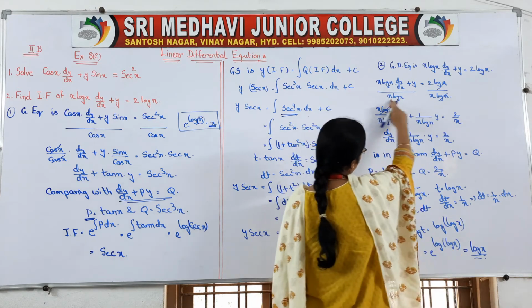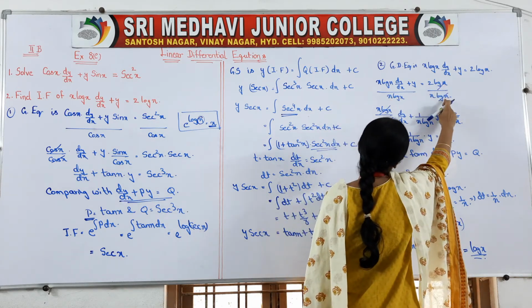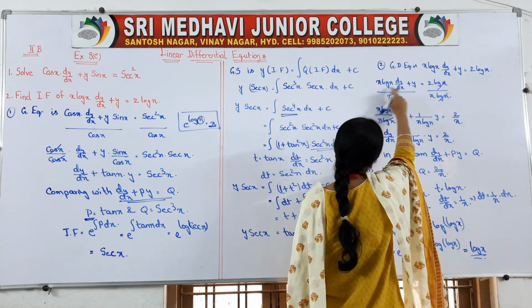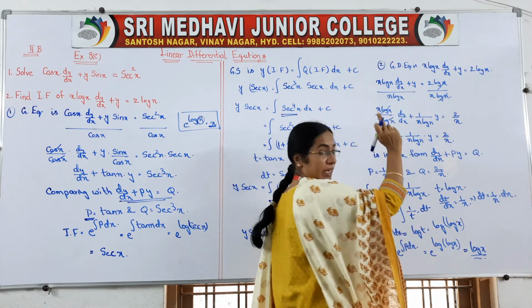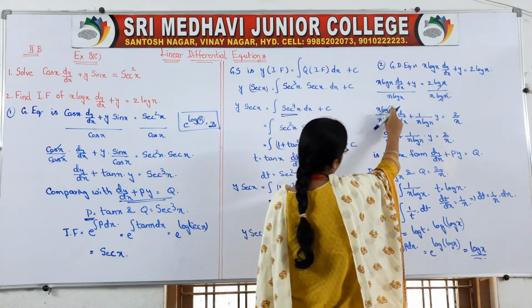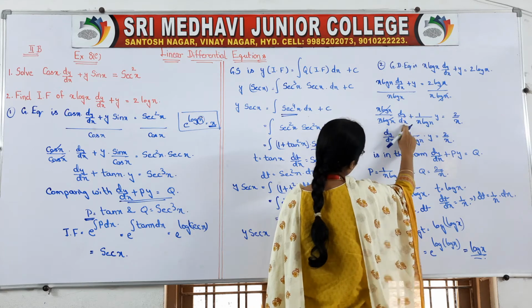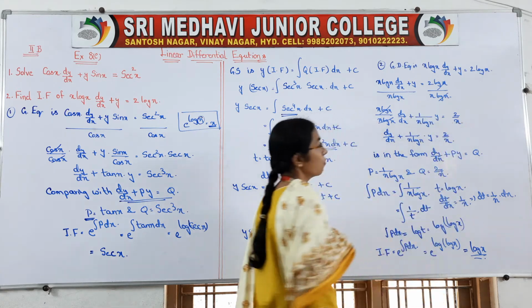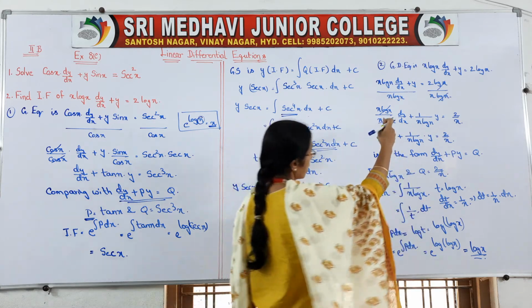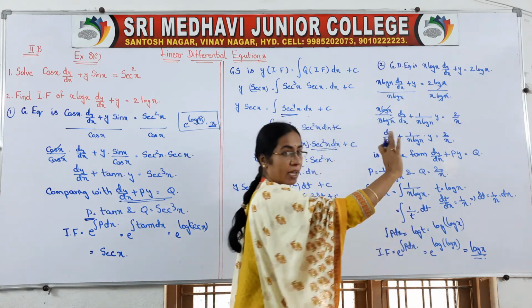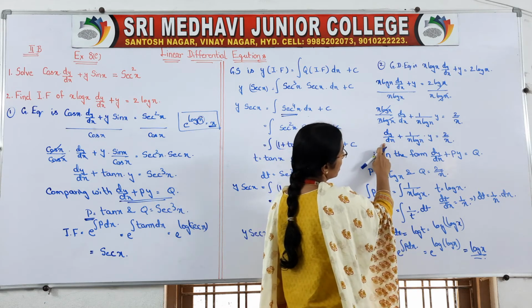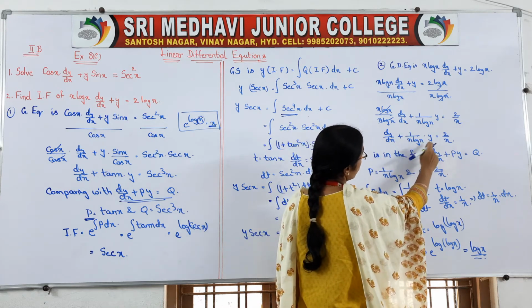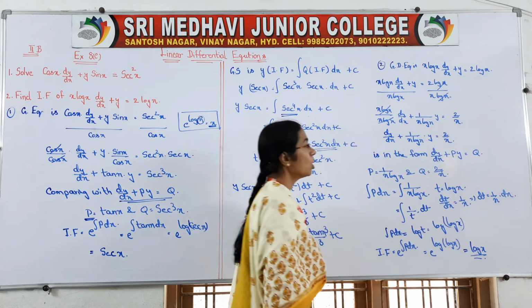Then x log x by x log x cancels with dy by dx, plus 1 by x log x into y is equal to 2 by x.